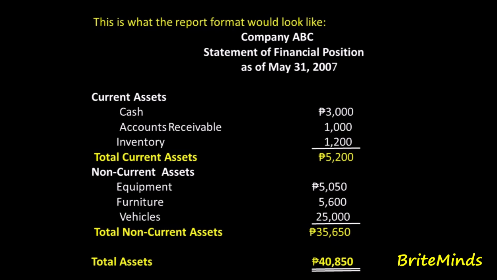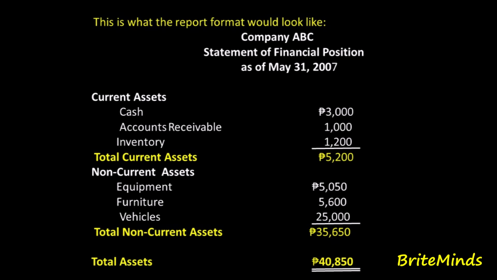2007. Okay, so we can see here that assets are classified into two: the current assets and then the non-current assets. Okay, so the current assets are totaled. Okay, so it amounted to 5,200, and then the non-current assets amounted to 35,650 pesos.